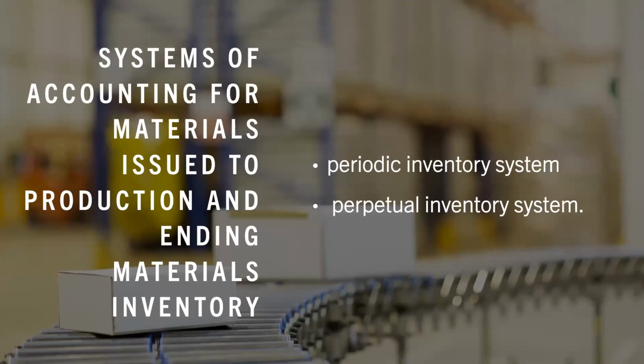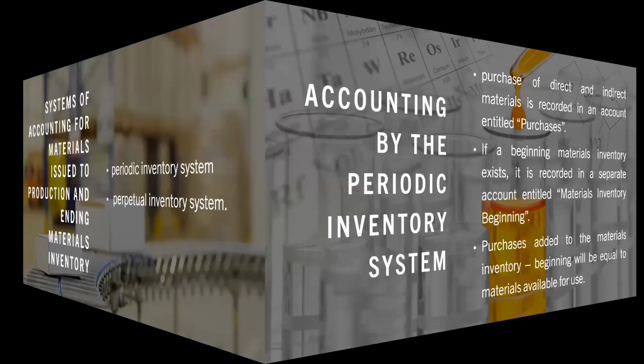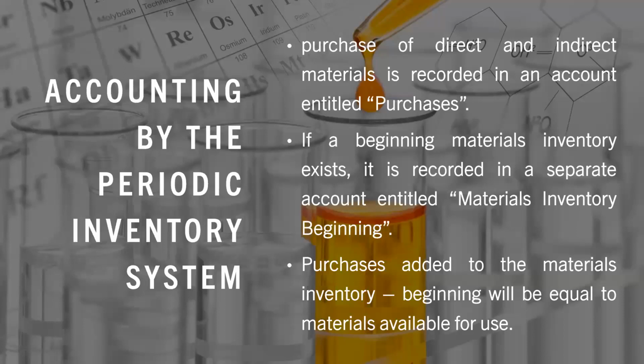As for the systems of accounting for materials issued to production and ending materials inventory, we have two primary inventory systems, the periodic inventory system and the perpetual inventory system. In accounting using the periodic inventory system, when you purchase direct and indirect materials, it is recorded in the account title purchases.